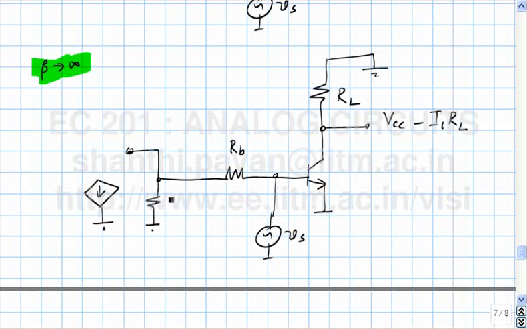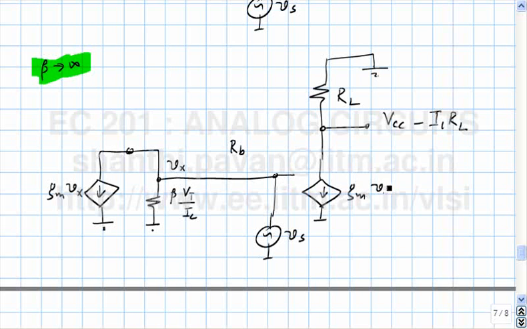So this is beta times Vt by Ic. Okay, this becomes open, and this is Gm times, let me call this Vx. Similarly, I replace this transistor by its incremental equivalent circuit, which becomes Gm times Vs, and there is again beta times Vt by Ic.